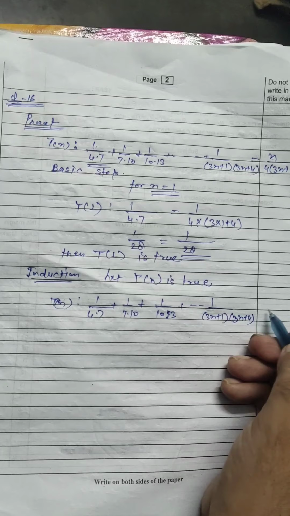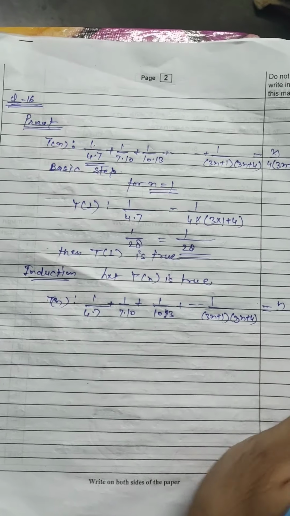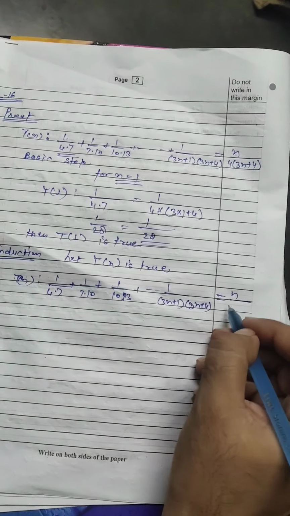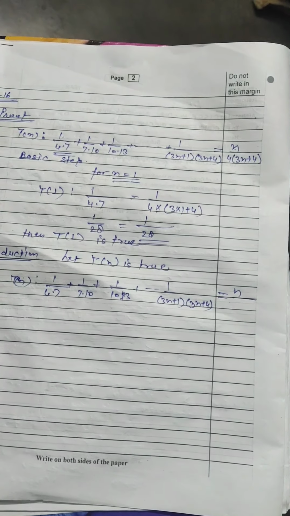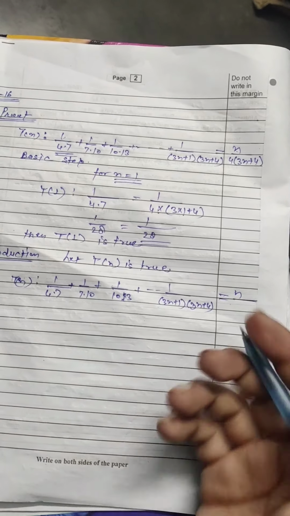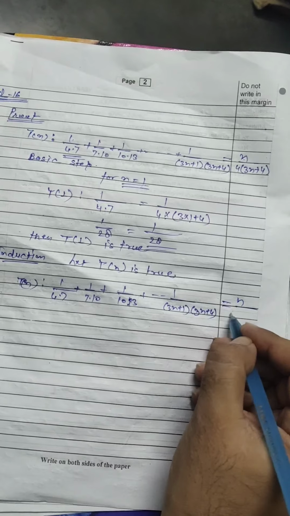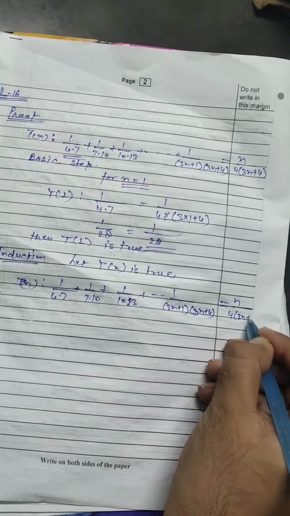That is equal to n upon 4 of (3n plus 4). It's very easy. The main issue is about the n plus 2, the T of n plus 1 series.